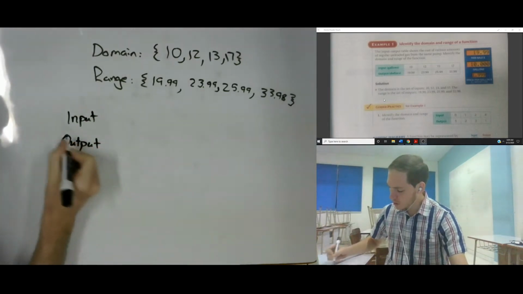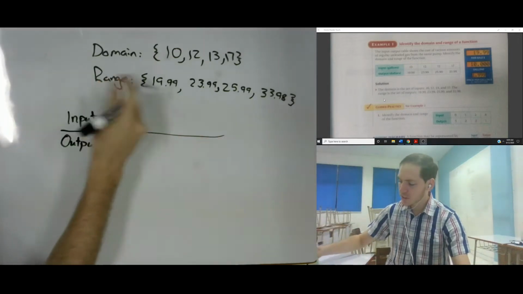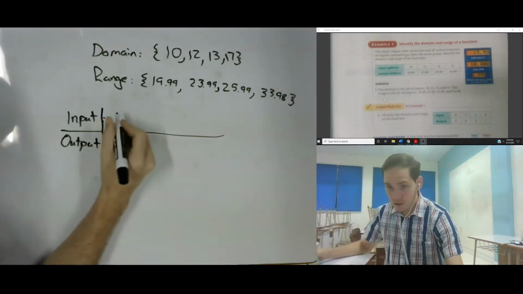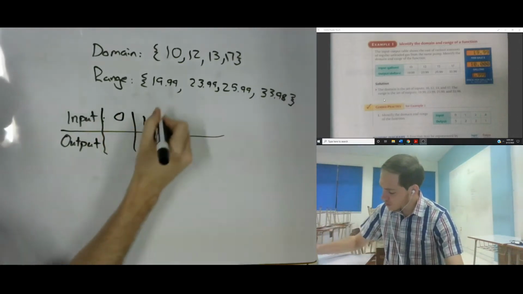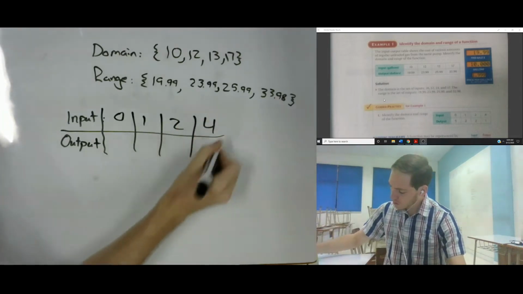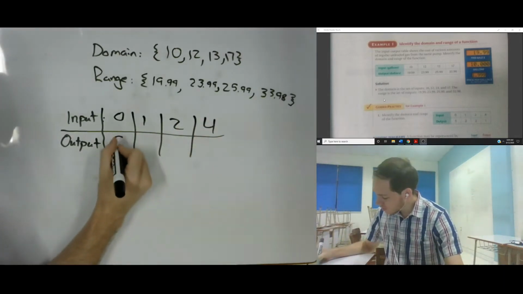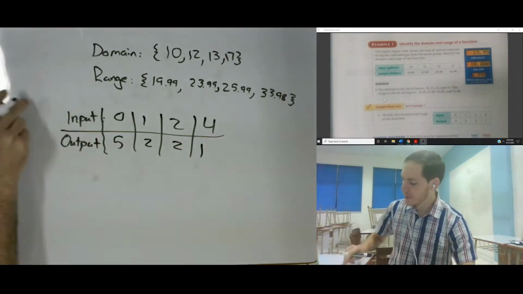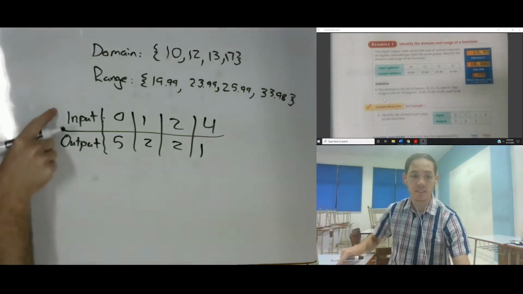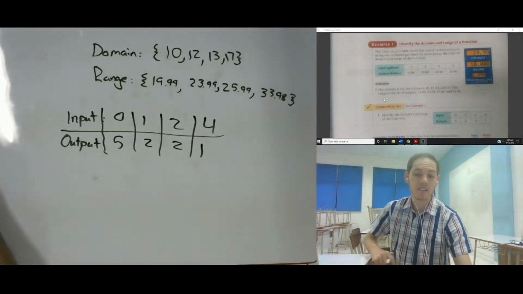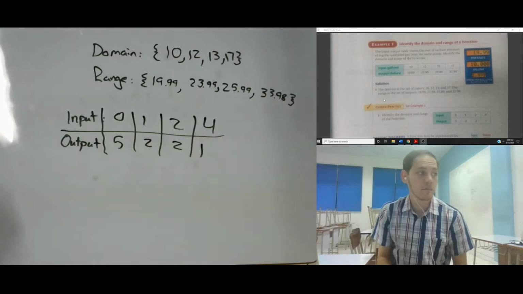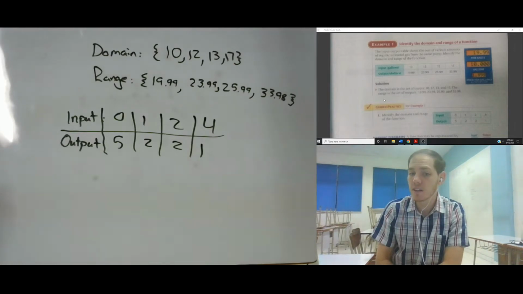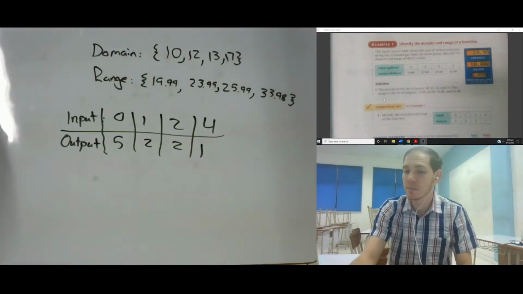So I want you to identify, and you can write it this way, what are our domain and range for this function right here? Okay, I'm gonna pause for a second to give you a chance to look at it. I won't give you the answer. Just want you to think about it.